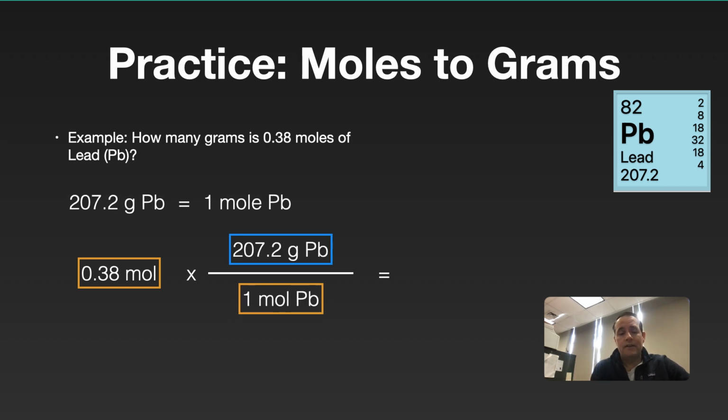The other side of the equal sign goes up on top, that's the 207.2. So you want to grab your calculator and calculate the results. But before we do that, we want to just make sure that our units cancel. Moles is on top, moles is on bottom, so they cancel. So I'll leave it up to you to finish your notes with grabbing your calculator and writing the result.